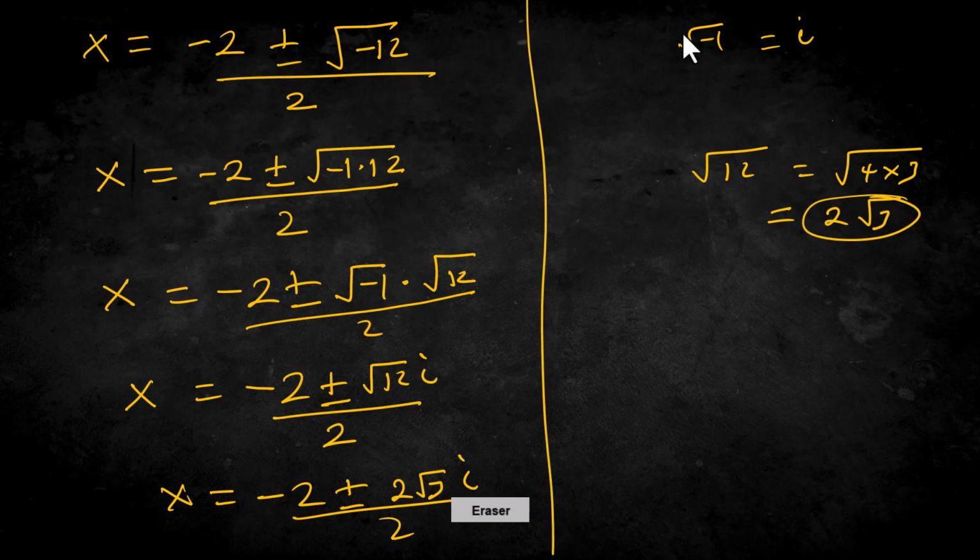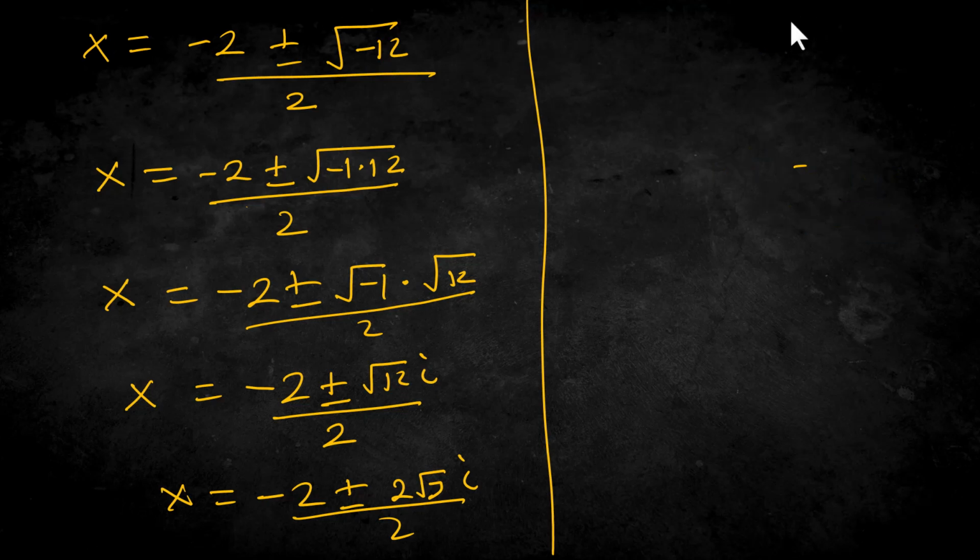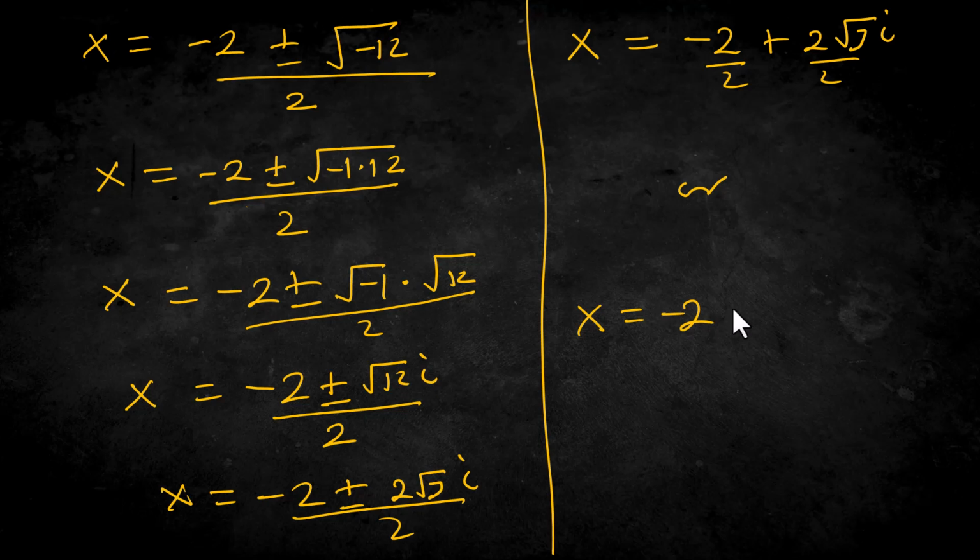Therefore, the final answer will be x equals (minus 2 plus 2 root 3 i) over 2, or x equals (minus 2 minus 2 root 3 i) over 2.